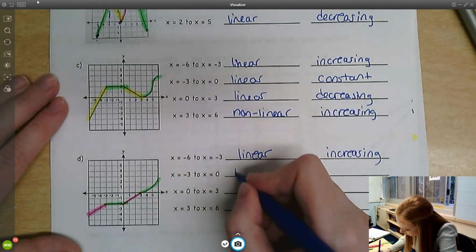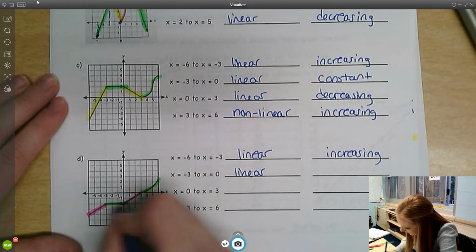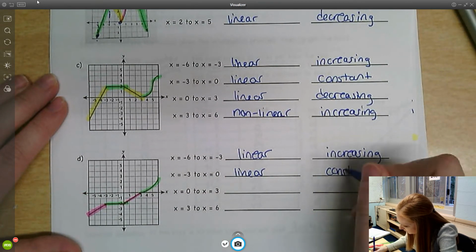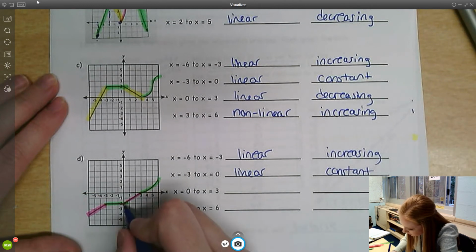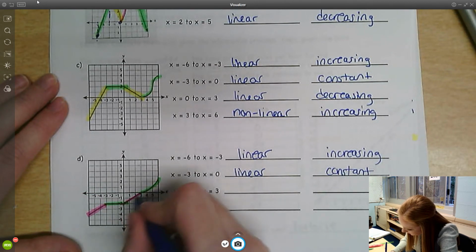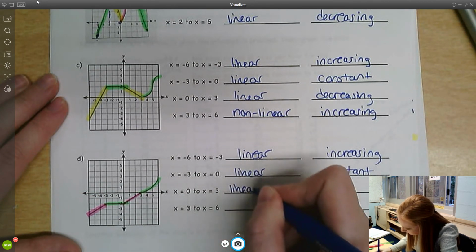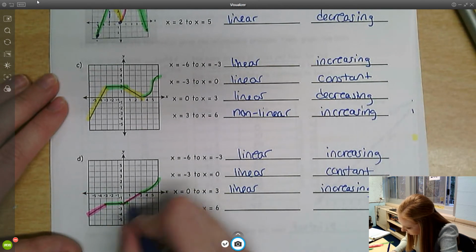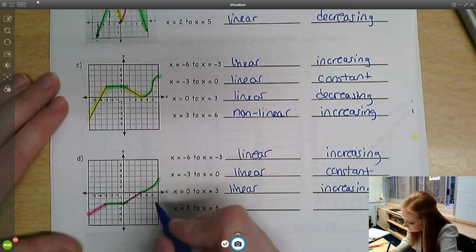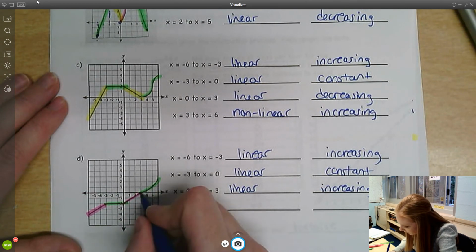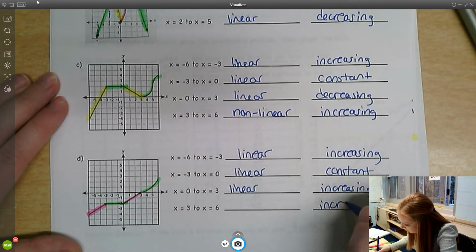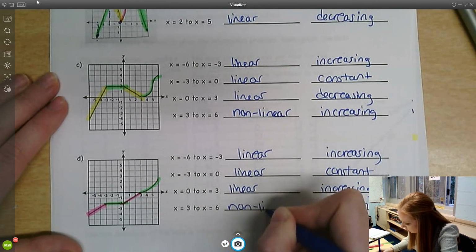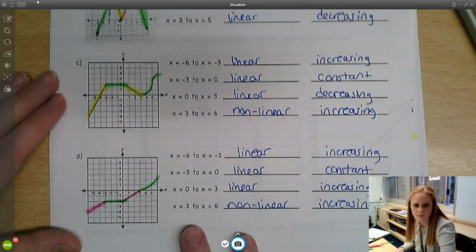Here we also have a straight line, so linear, and it is constant because it is flat, slope of 0. Here we have an increasing linear again. Straight line, you could go over that piece, that pink piece with your ruler, and it's increasing. And then this green one, we're still going upward, increasing, but this time it is curved, so that means it is nonlinear. You cannot go over this with a ruler in one stroke.